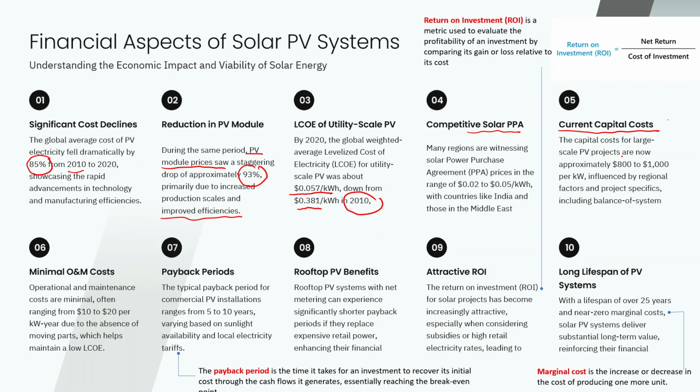So the PV projects are approximately $800 to $1,000 per kilowatt. And this can also vary depending on the region and various other factors.